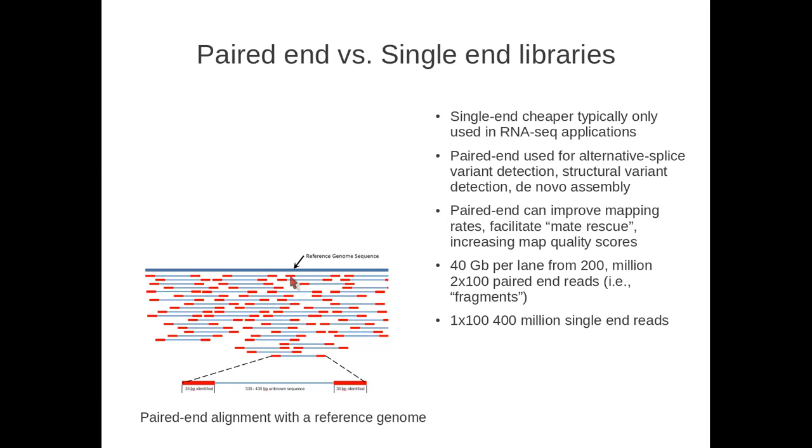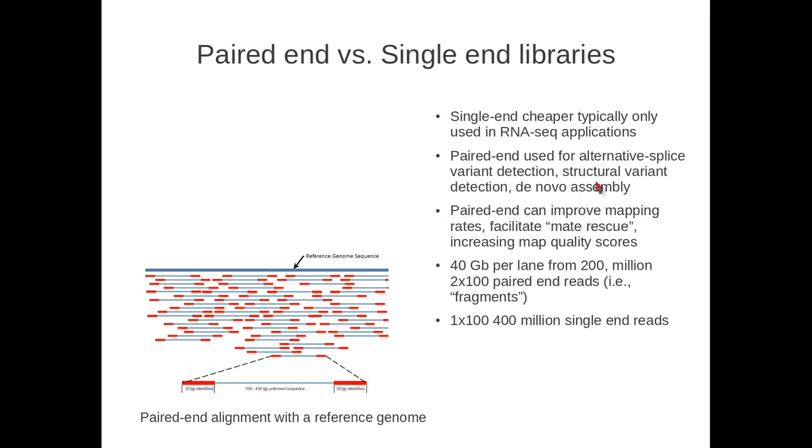However, there are many applications where paired end provides an advantage. One of them, as you remember about the BACs, is that if you know two pieces of DNA are linked, that really improves your ability to assemble genomes, although here the pieces are very close compared to the BACs, and so not nearly as effective at generating large scaffolds or chromosome-length sequences.